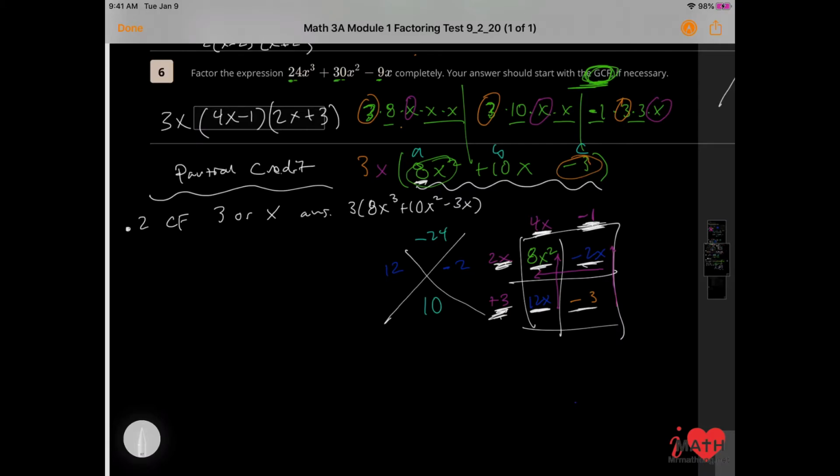Or if you just factored out an x, 24x squared plus 30x minus 9. That would have given you just 0.2 points. 0.3 if you found a GCF. Maybe you did this, 3x, and then you said the answer was 8x squared plus 10x minus 3.